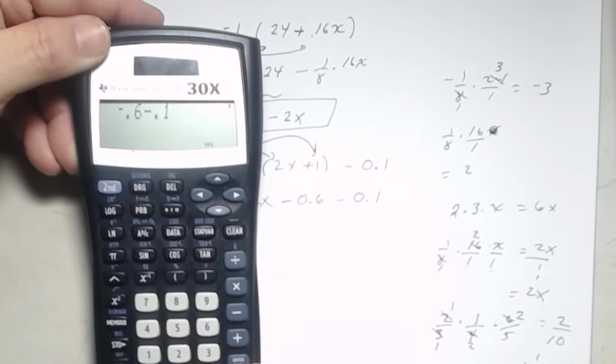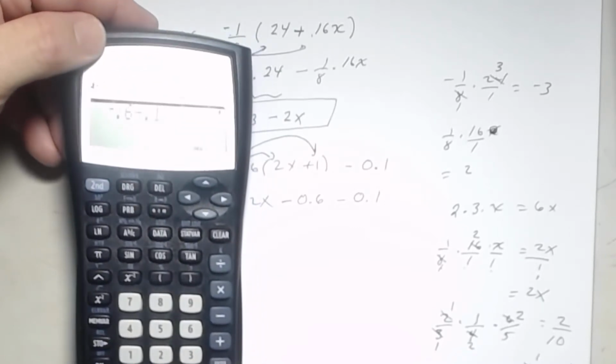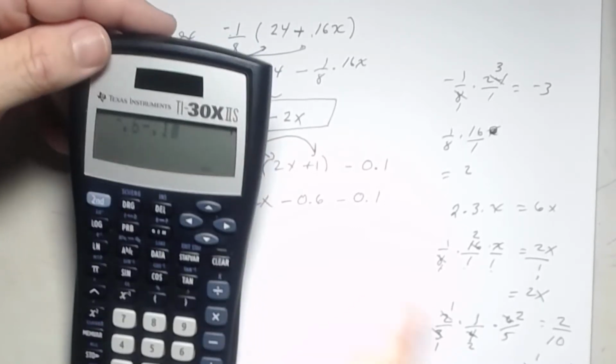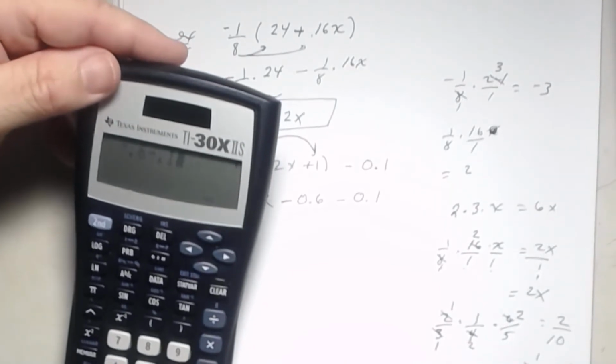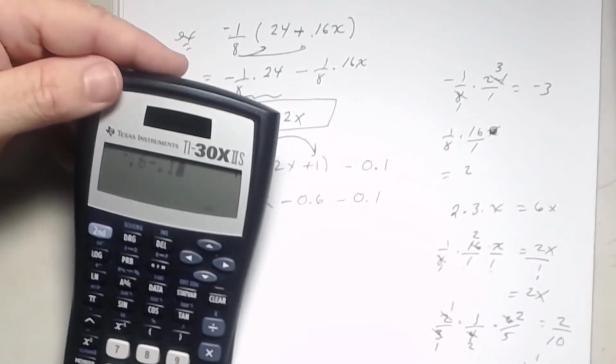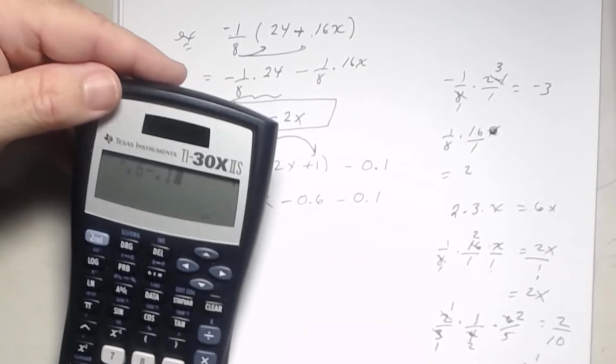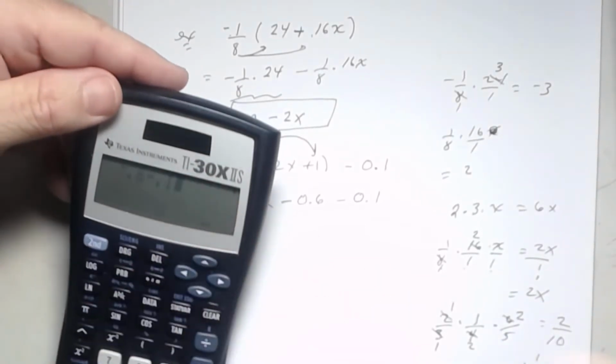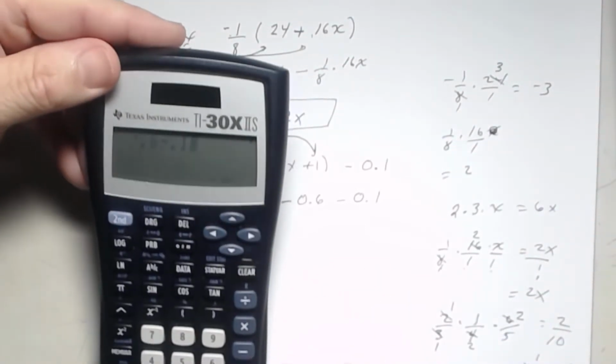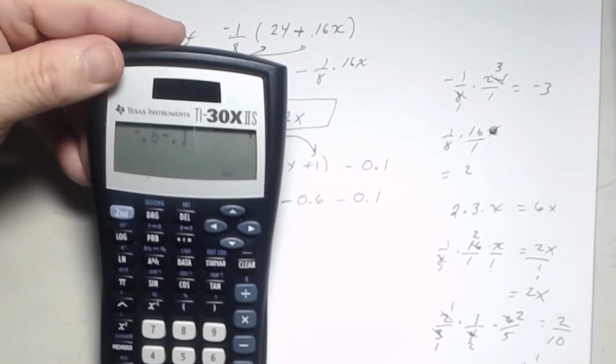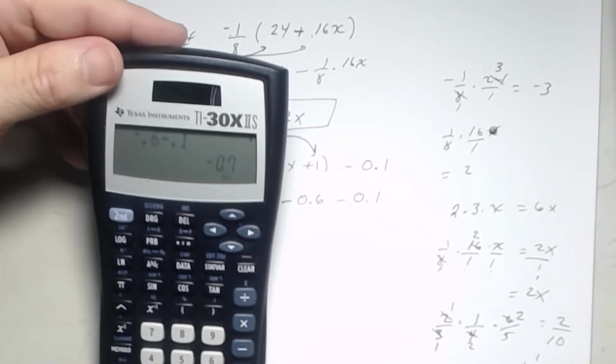0.1? Y'all agree? No? What's wrong? Oh, yeah, okay. It says 0.1 is the same thing as 0.1. So I can go back and put 0.1. It'll still be the same answer, though. And what does that equal? Negative 0.7. Is that what you got?